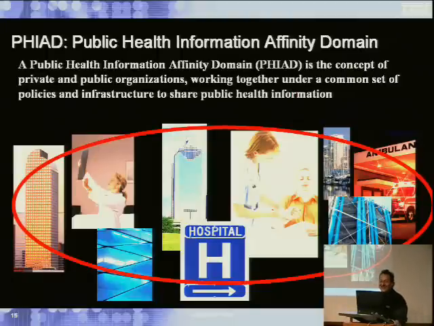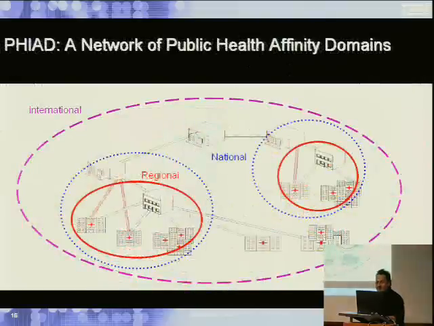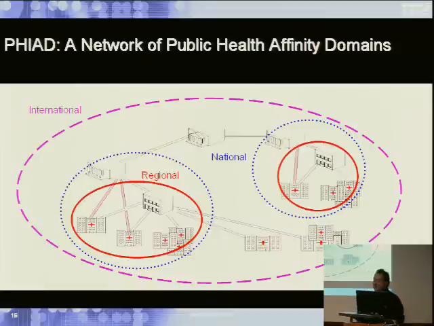But the basic idea is that you have a collection of private and public organizations that need to work together under a common set of policies and infrastructure to share public health data. And just like the RIOs can be organized hierarchically, so too could the public health affinity domains.